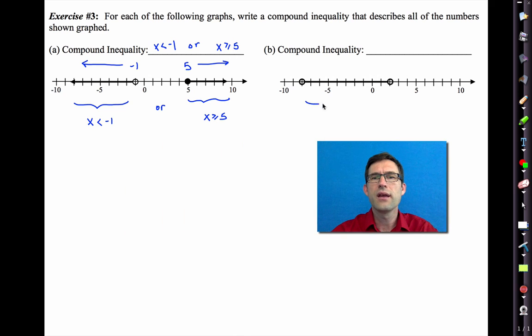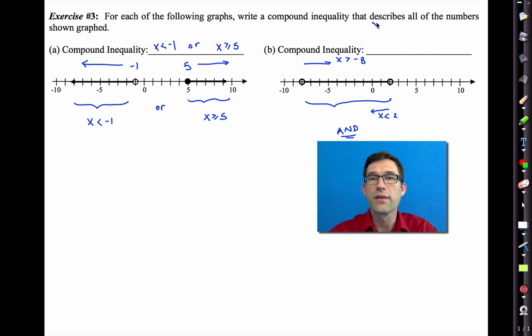On the other hand, here we have just a single portion shaded. That means that we have an AND scenario going on. Now we can write it as an AND. I'm going to write it two ways. Right here, what we've got are all values of x that are greater than what? -8. And then here we've got all numbers x less than 2.